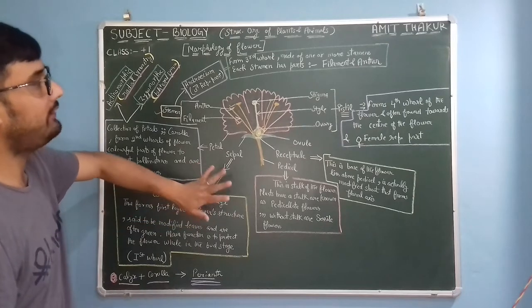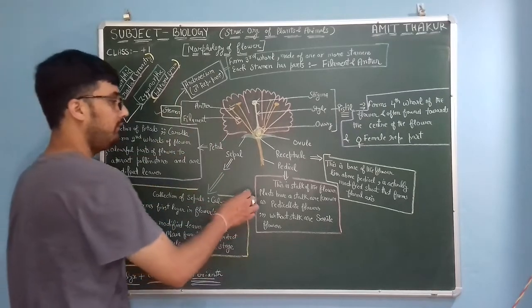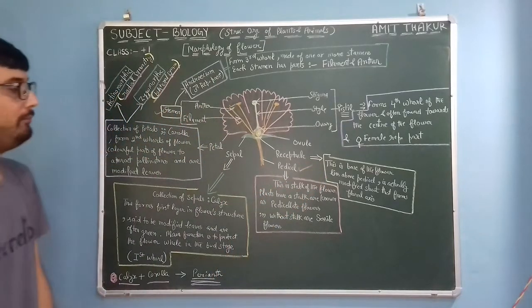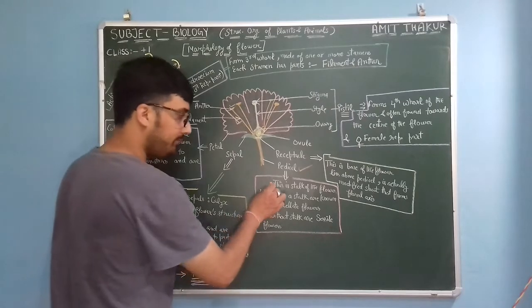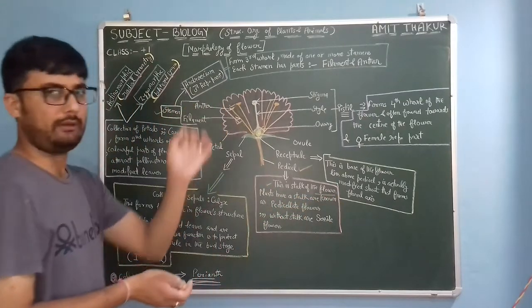Okay, so let's discuss every part of the flower. First of all, we will start with this pedicel. What is this pedicel? Pedicel is the stalk of the flower. यानी एक जिसको कह सकते हैं कि एक stalk होता है flower का.